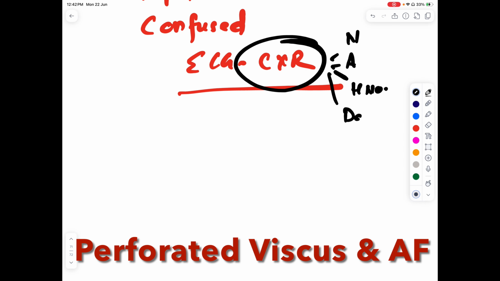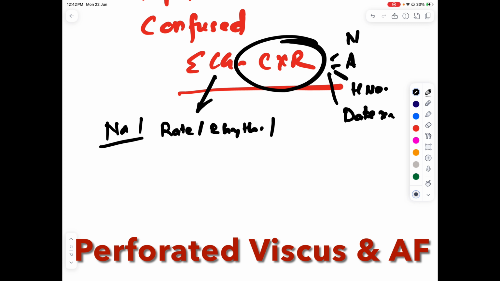So you have to see it and read the ECG. Again, patient's name, and then all the things. Then rate, rhythm, intervals, PR interval, QRS, QT, and axis. These are the things you have to understand.